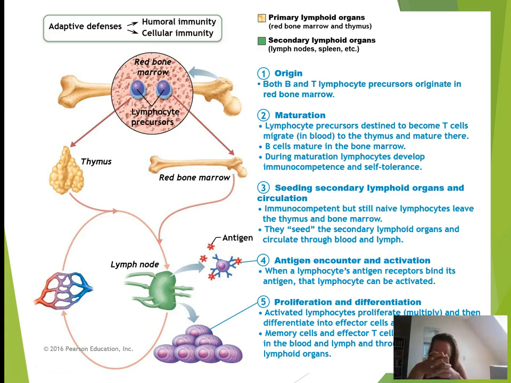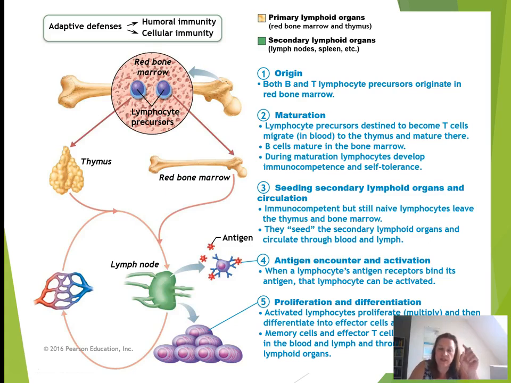Immunocompetence is basically where the lymphocyte is able to recognize a specific antigen. And then self-tolerance means we're not going to attack our own cells. So it needs to mature, and when it's maturing, it is becoming specific and becoming self-tolerant.